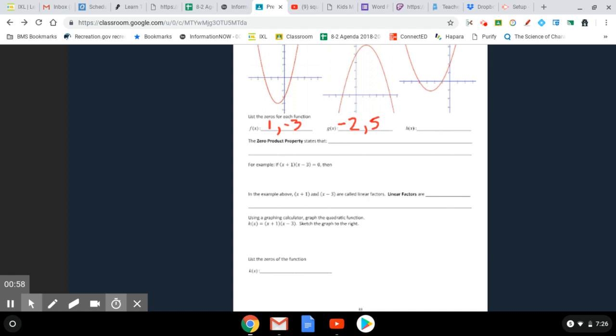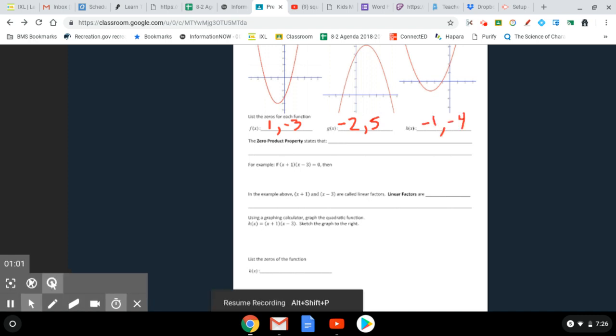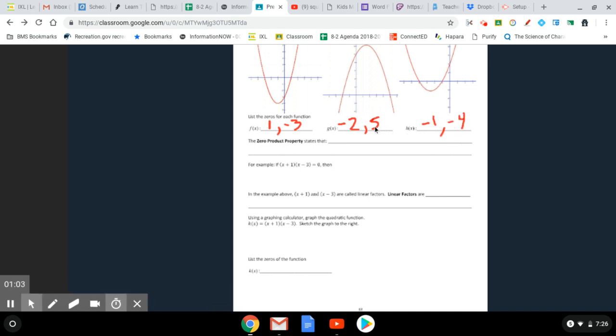So -1 and -4. So there's all of our zeros. Here's the two zeros for f of x, the two zeros for g of x, and the two zeros for h of x.